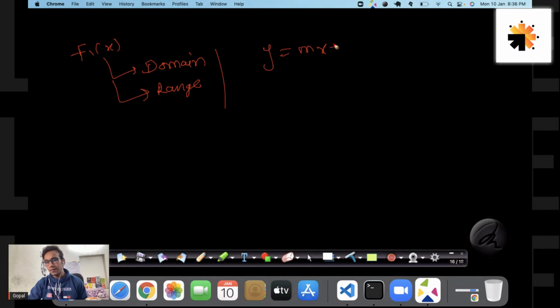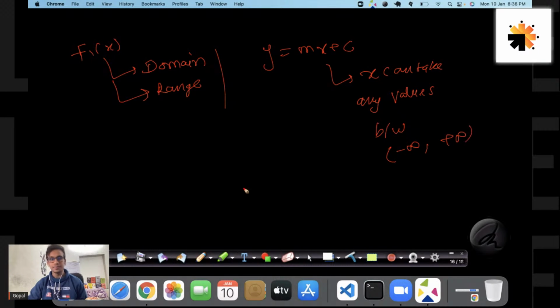Let's say I have y equals mx plus c. Here x can take any values between minus infinity to plus infinity, right? And this is your domain for the function.